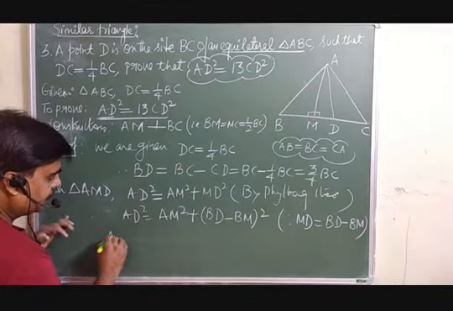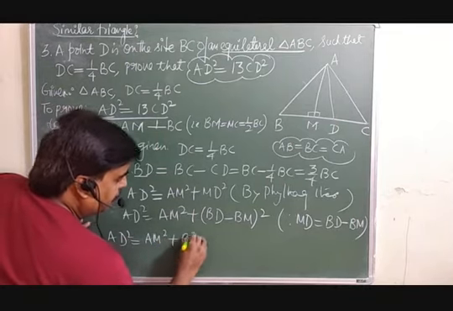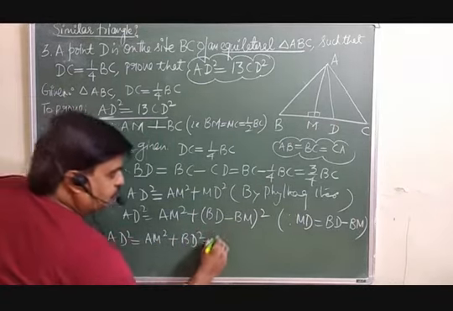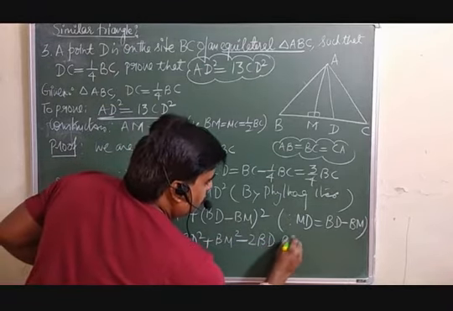So this can be written as AD square is equal to AM square plus, using (a minus b) whole square, BD square minus 2 into BD into BM.